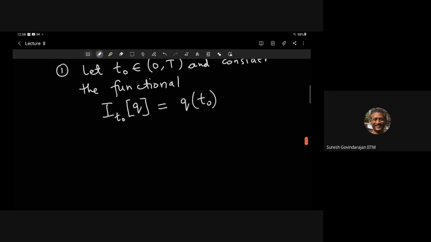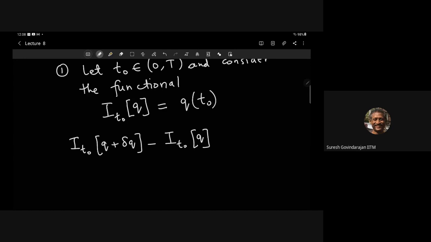So we remember what we did: we would take I at t naught of q plus delta q, and minus I at t naught of q.